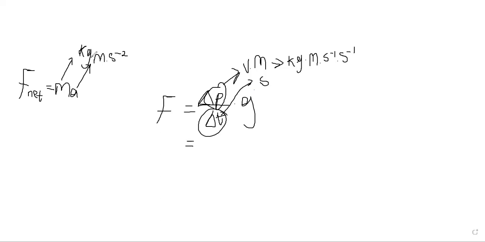So we know that 1 Newton is equal to kilogram meter per second square. So that's the value of 1 Newton. That means we have to get a Newton on this side.